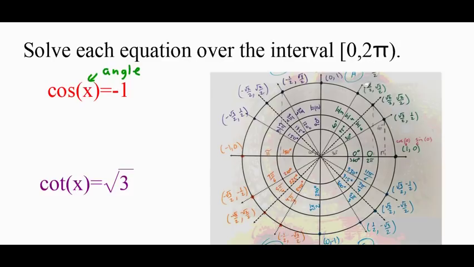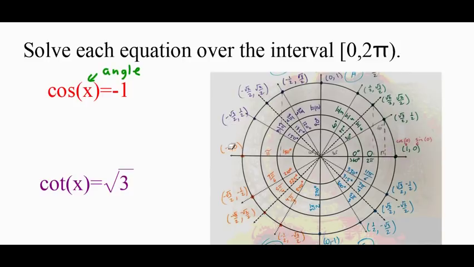If I'm looking at my unit circle, remember that the x-coordinate tells me the cosine of that angle. So if I'm looking at, for example, 0, the coordinate is (1, 0), meaning that cosine of 0 is 1. I'm going to use the unit circle to make my life a little bit easier, and find the angle that has a cosine of -1.